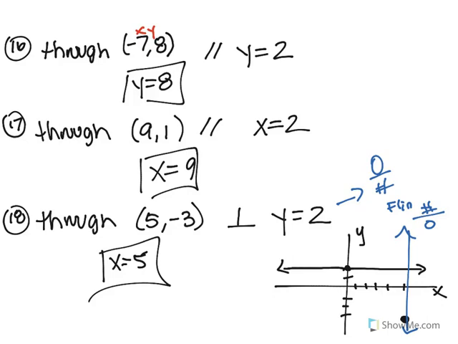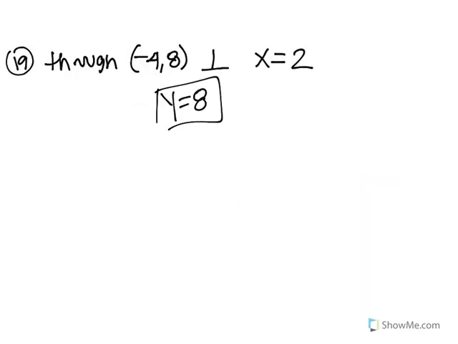If I say parallel to a y line, you got to give me the y number. If I say parallel to an x line, you got to give me the x number. But if I do perpendicular, you got to give me the other variable. If I say perpendicular to a y line, you got to give me x. If I say perpendicular to an x line, you got to give me y. Pretty simple, now that we think about it.